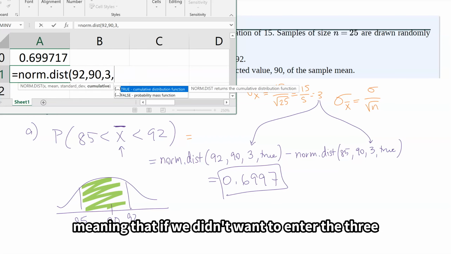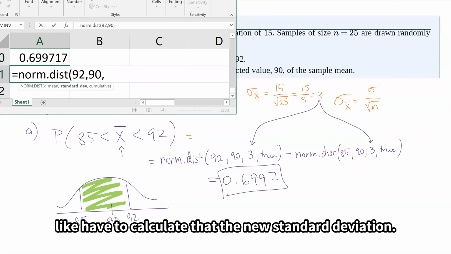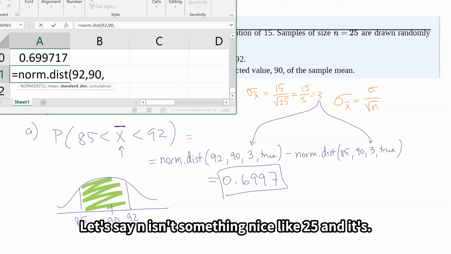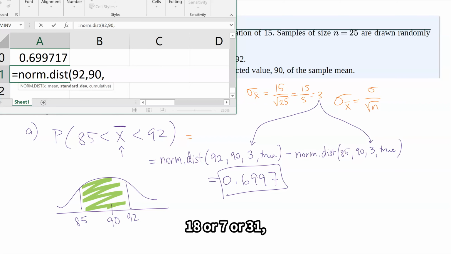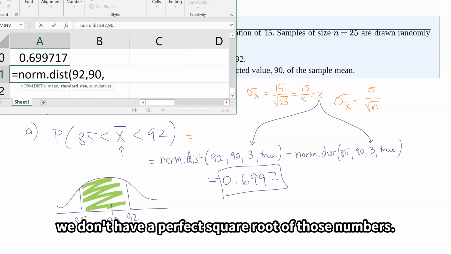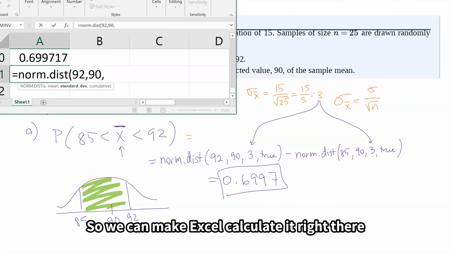Meaning that if we didn't want to enter the 3, like have to calculate that new standard deviation, let's say n isn't something nice like 25 and it's 18 or 7 or 31. We don't have a perfect square root of those numbers, so we can make Excel calculate it.